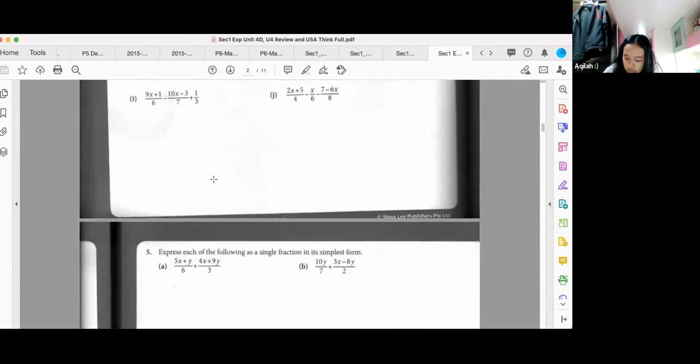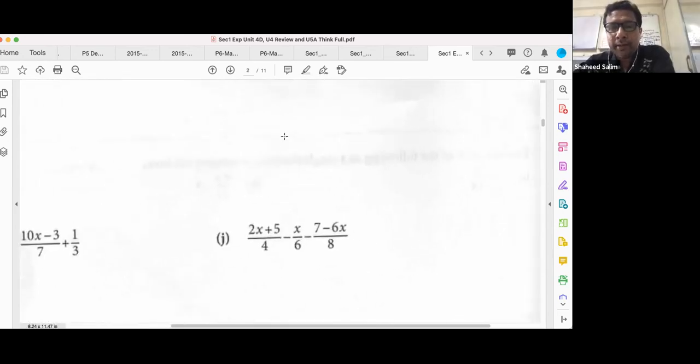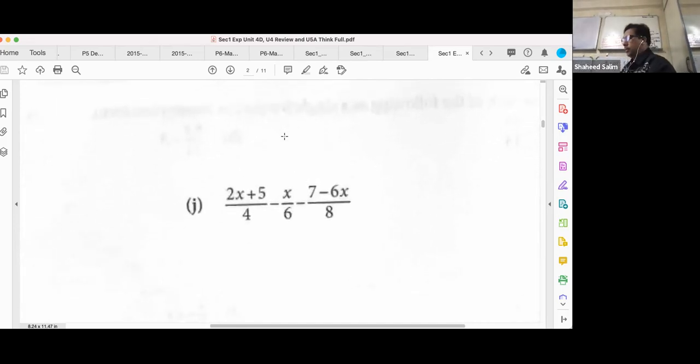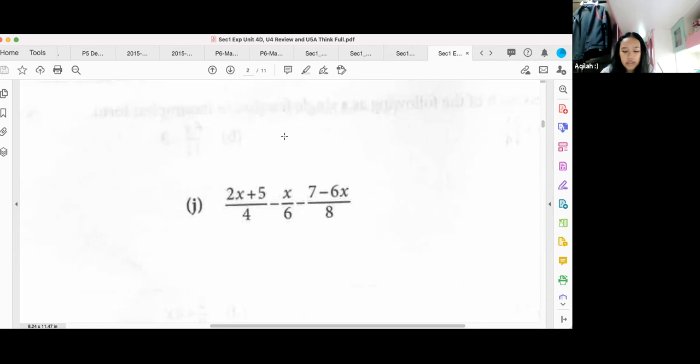So maybe you can continue from there to combine it. 26x plus 9 over 24.